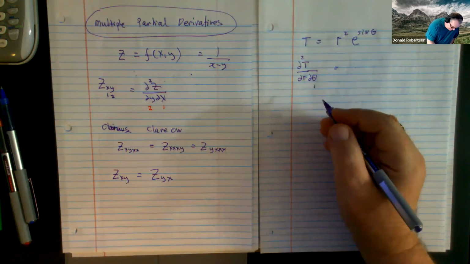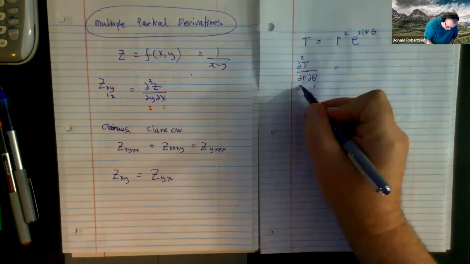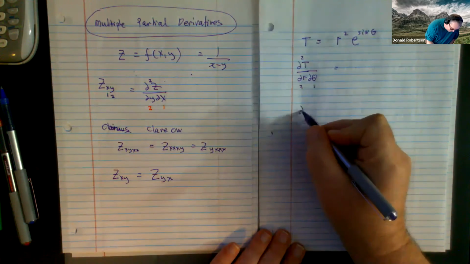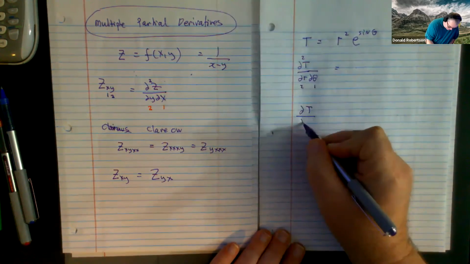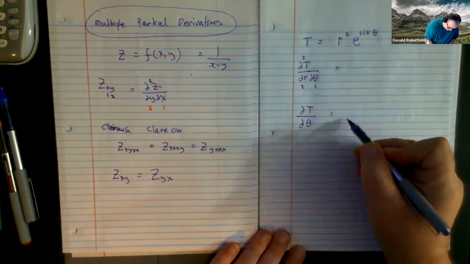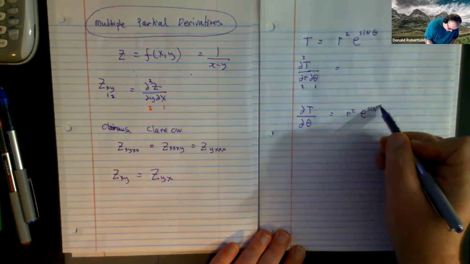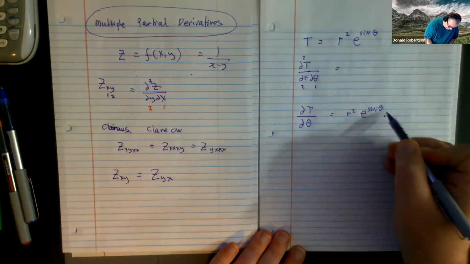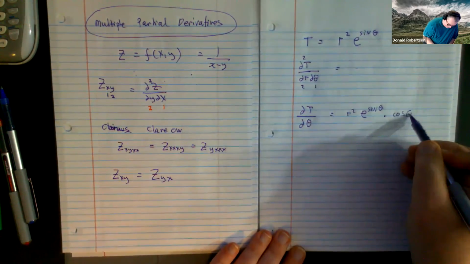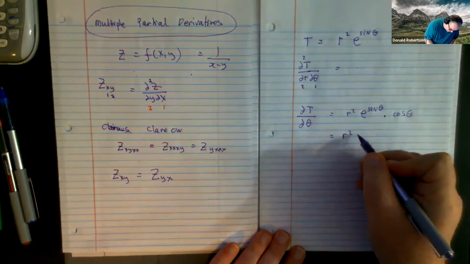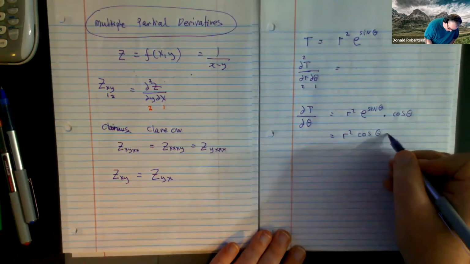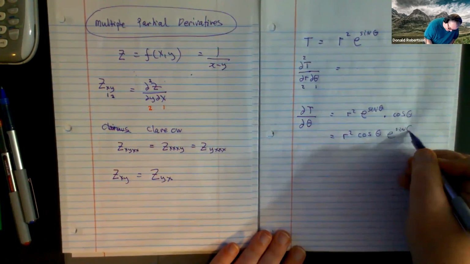1 and 2, right? So, partial derivative with respect to theta. Well, that guy doesn't matter. If you differentiate e to the sine theta, you do get e to the sine theta. It is a chain rule, so you finish with the cosine theta. And I would probably rewrite it for style points like that.